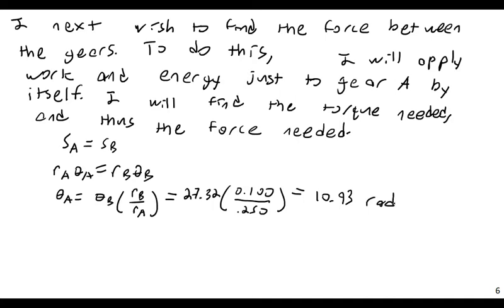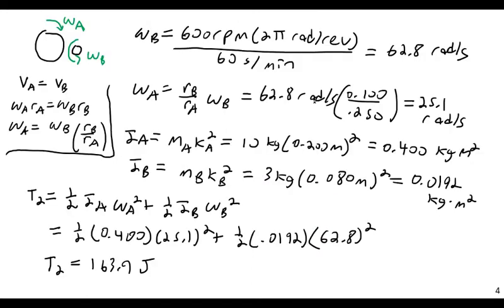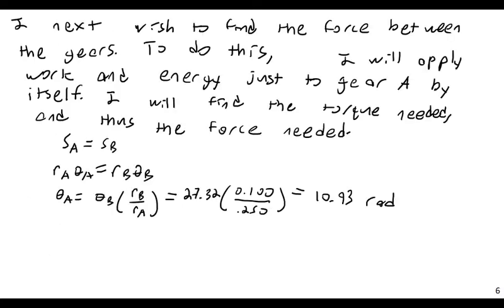So thus, even though these have the same linear velocity, these are ultimately going to have very different angular velocities and different angles traveled. So this is saying that while B is going to travel 27.32 radians, A is only going to travel 10.39 radians, and since it's much larger, that makes sense.